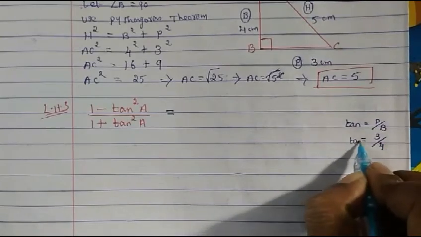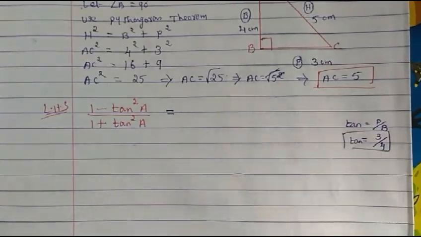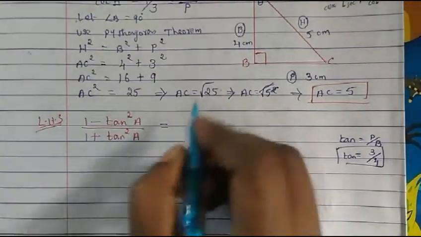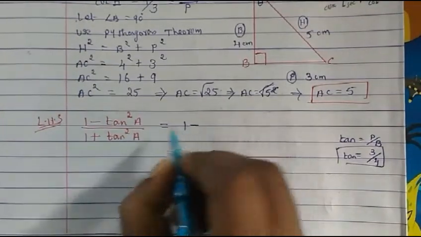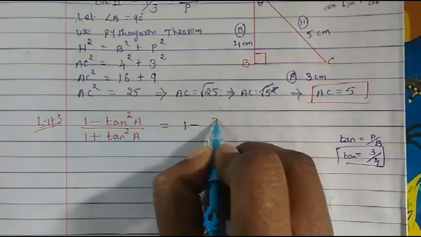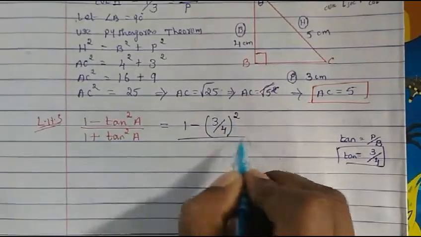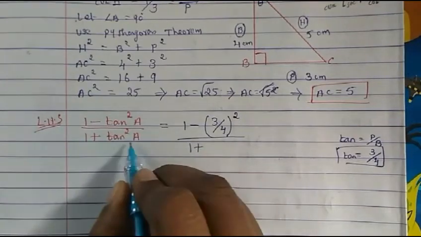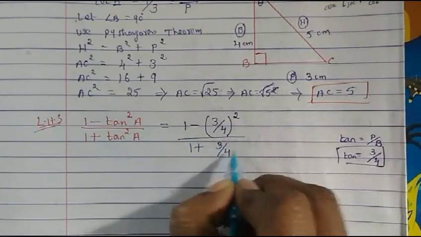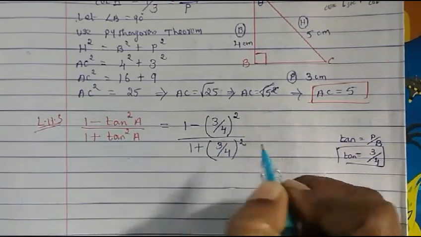So our tan value is 3 upon 4. Let us write down here: 1 minus tan, which is 3 upon 4 whole square, and here 1 plus tan, which is 3 upon 4 whole square.